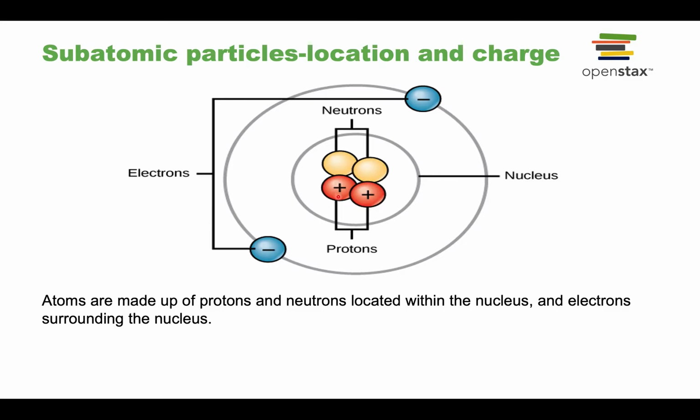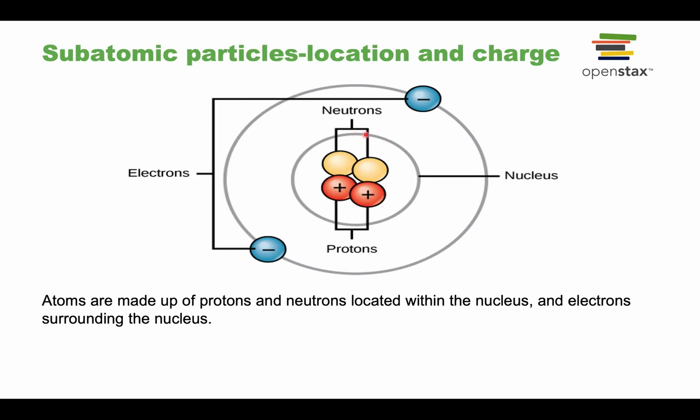The protons, which are represented by these symbols with a positive sign in the middle, and then the neutrons, which are represented by these two, which don't have a positive sign, are present at the center of the atom, which is called the nucleus. So protons and neutrons are present in the nucleus of an atom.